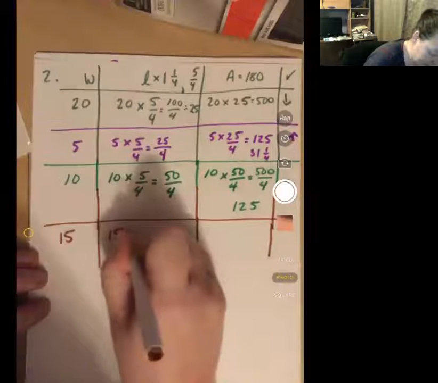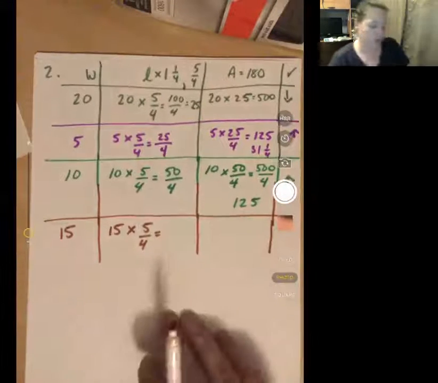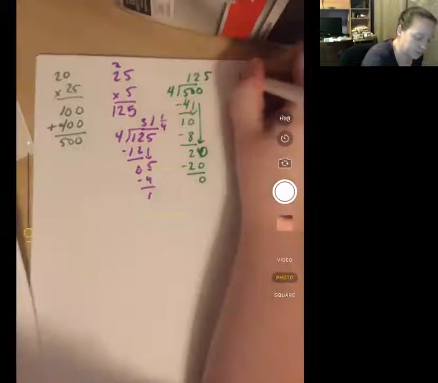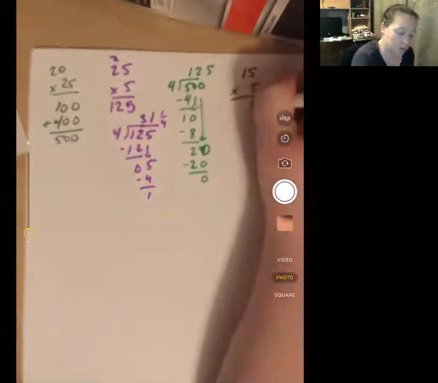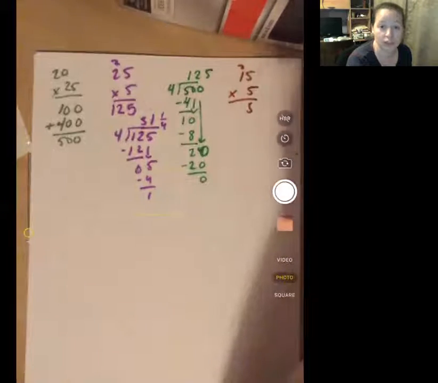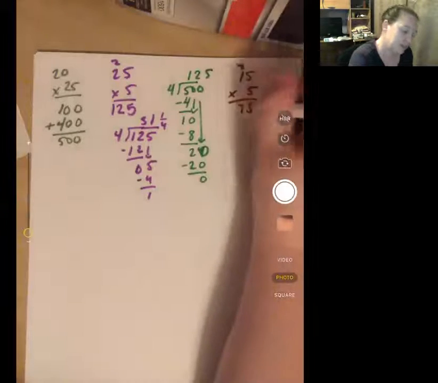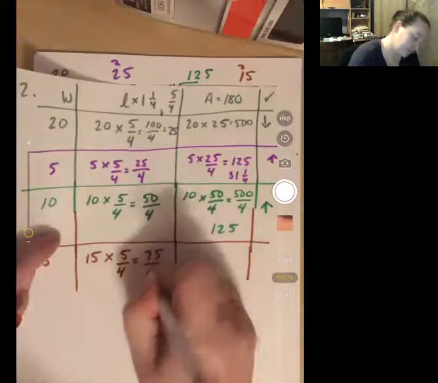So I have 15 times 5/4 is equal to 15 times 5. 5 times 5 is 25. 5 times 1 is 5 plus 2, which is 7. So I have 75 over 4.